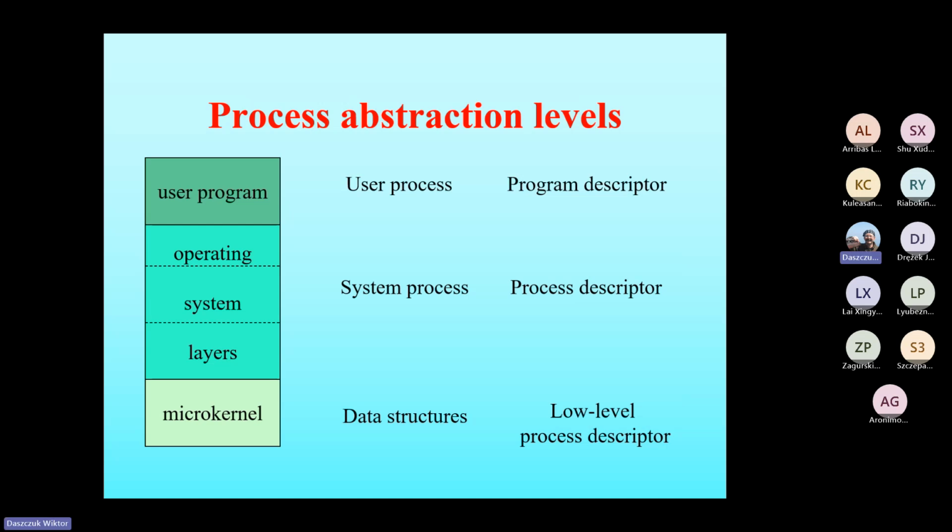Typically, when a process executes and wants some service to be performed by the operating system, it calls some layers of the operating system, but the typical situation is with the exception of synchronization primitives that directly refer to the microkernel. The user program call comes through the layers of the operating system.